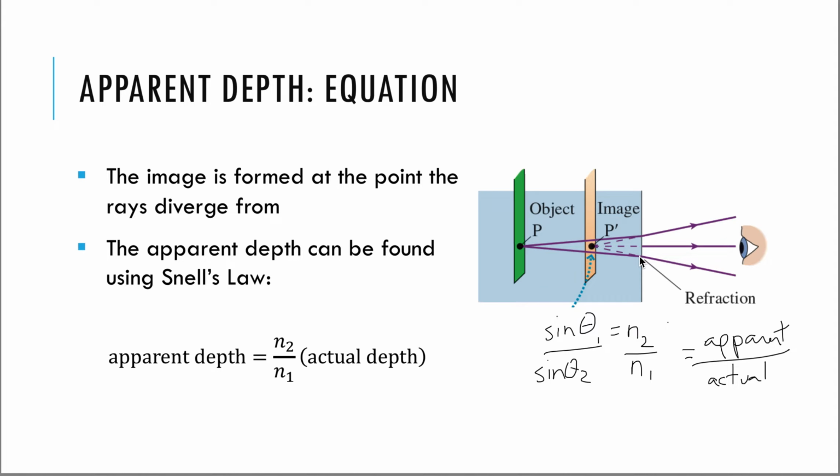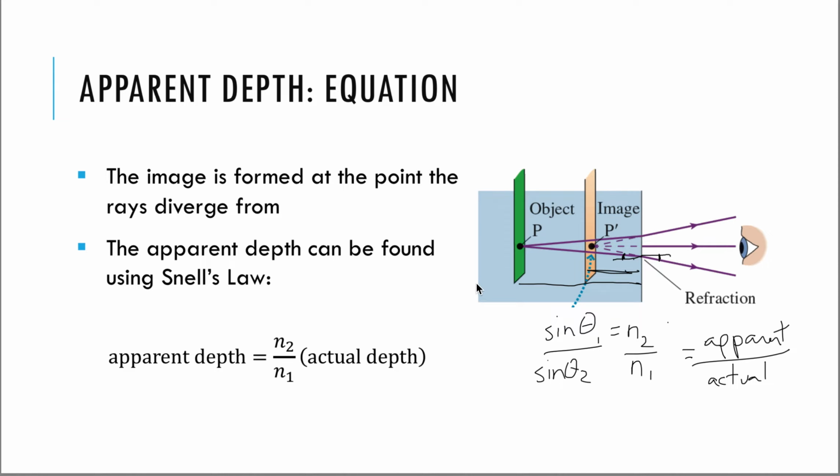And that comes from geometry because these angles 1 and angle 2 are over here. If you look at one of these rays and you draw that normal line here that's perpendicular to the surface, you've got that tiny little angle 1 here, and that little angle 2 over here, and those angles end up being related to the size of these triangles that can be formed.